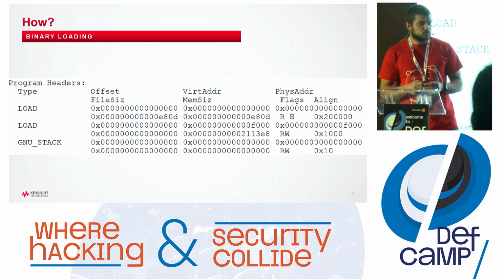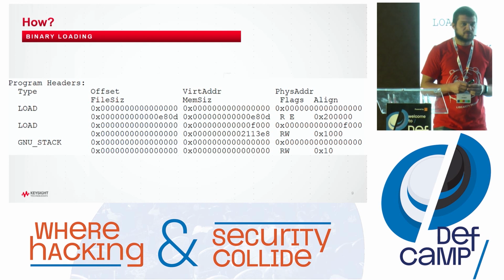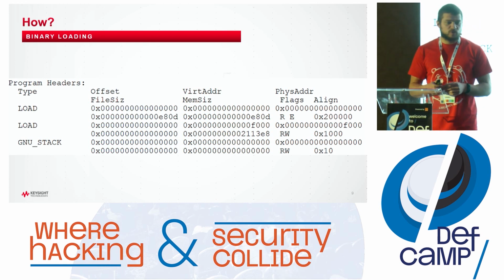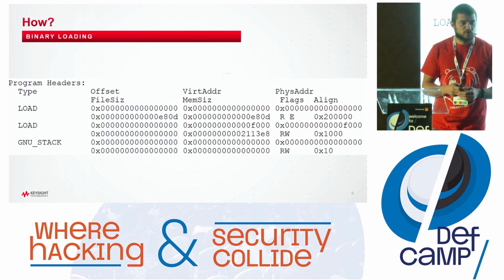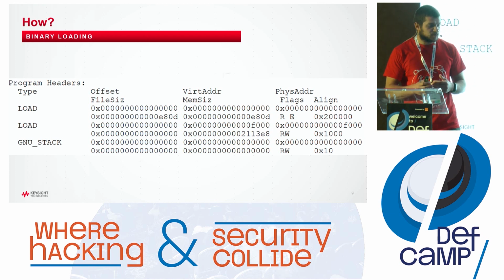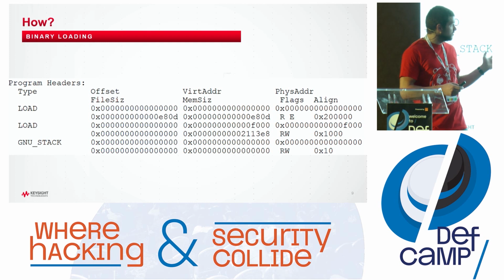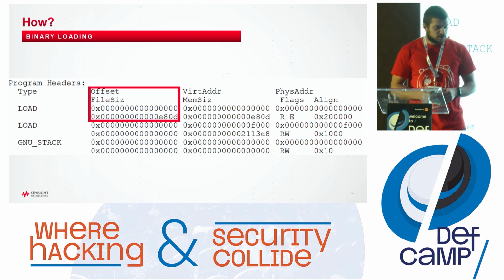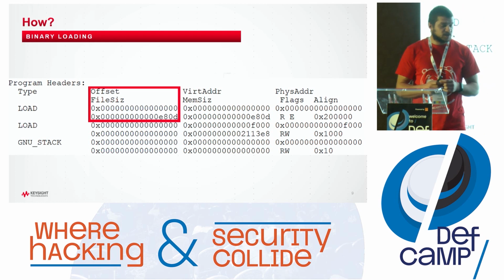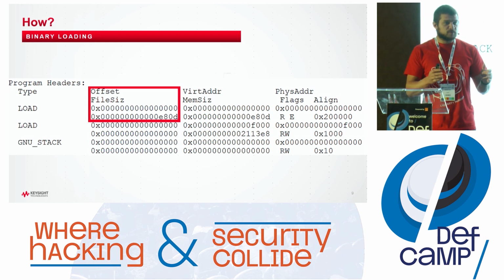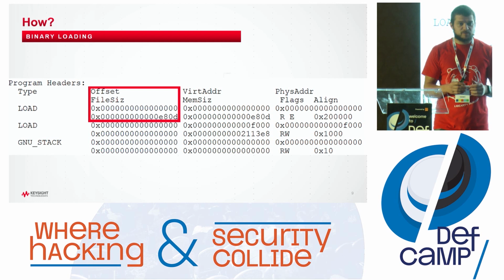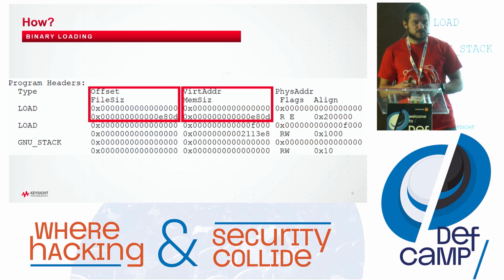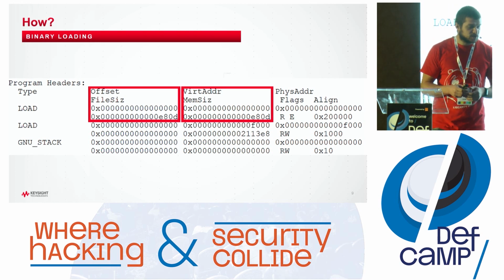So how would you load a binary into memory? If you start searching online, you find some information about how Linux ELF binaries are loaded. You find that they have some mappings. This is an example of mapping the file contents to memory. For example, this part here says that you should go to the beginning of the file, grab so many bytes, and then load them into memory, maybe at a specific address, allocating as many bytes for it.